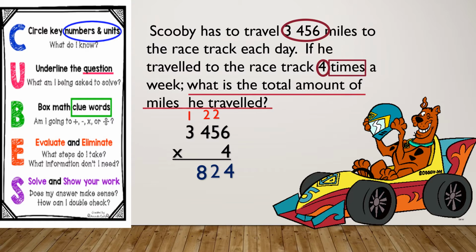Now we multiply the thousands. 4 times 3 gives us 12. Plus 1 gives us 13. And so the total amount of miles that Scooby traveled was 13,824 miles. You're a world traveler, Scooby-Doo.